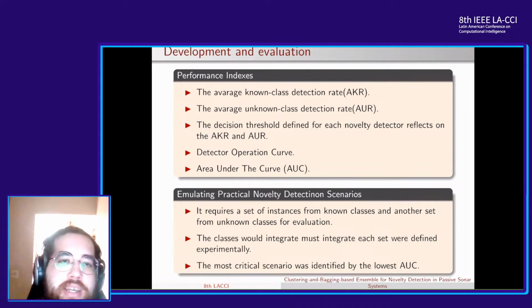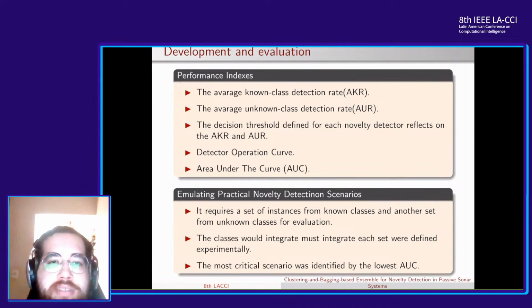The performance indexes are represented by the average novelty detection rate, the average null class detection rate, and the area under the detector operation curve. We must stress that the decision threshold defined for each novelty detector directly reflects on the average novelty rate and the average null rate indexes.